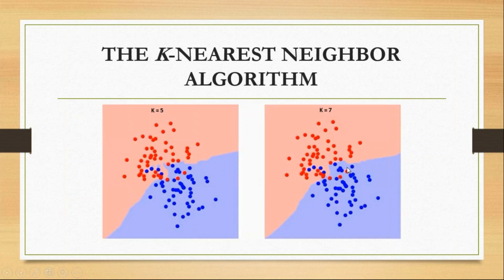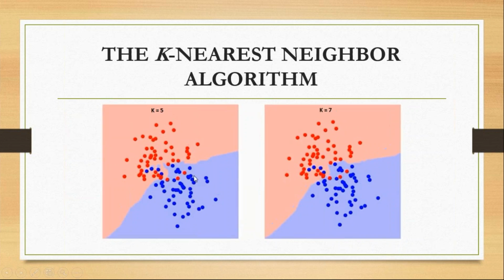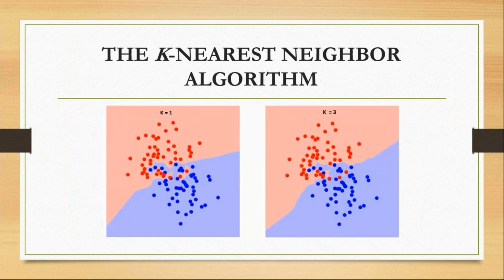So that is the problem with increasing the value of k. It becomes very smooth, and when you keep it very low, then it is prone to noise. So increasing the value of k will reduce the noise, but it will also smoothen out the boundaries. That is why it is always recommended to choose an optimum value of k, where the noise is minimized and the boundaries are also well distinct, not so smooth.